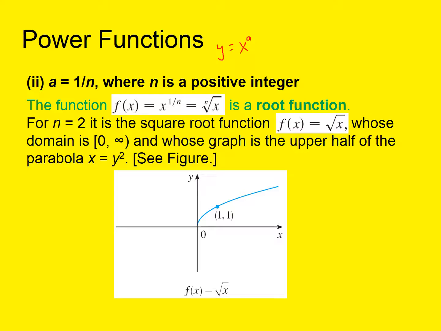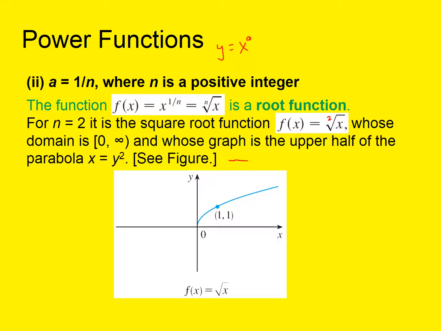For n equals 2, it's the square root function, where the index is 2, whose domain is 0 to infinity, and whose graph is the upper half of the parabola x equals y squared.